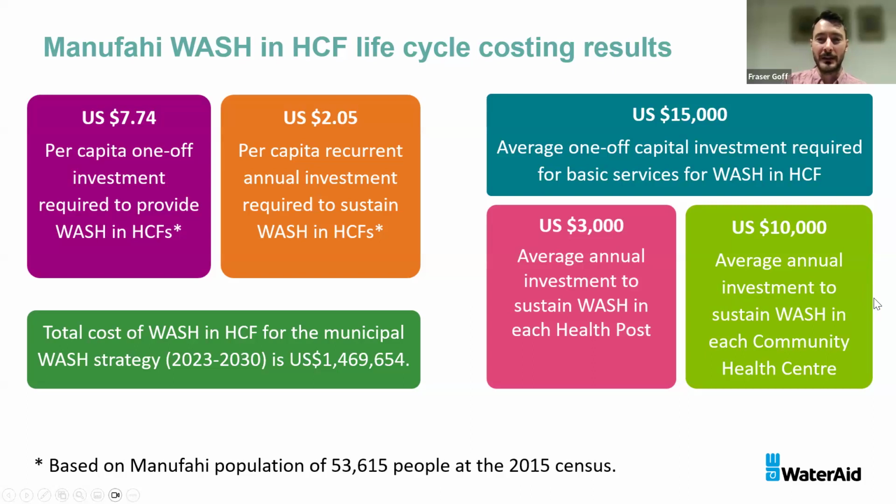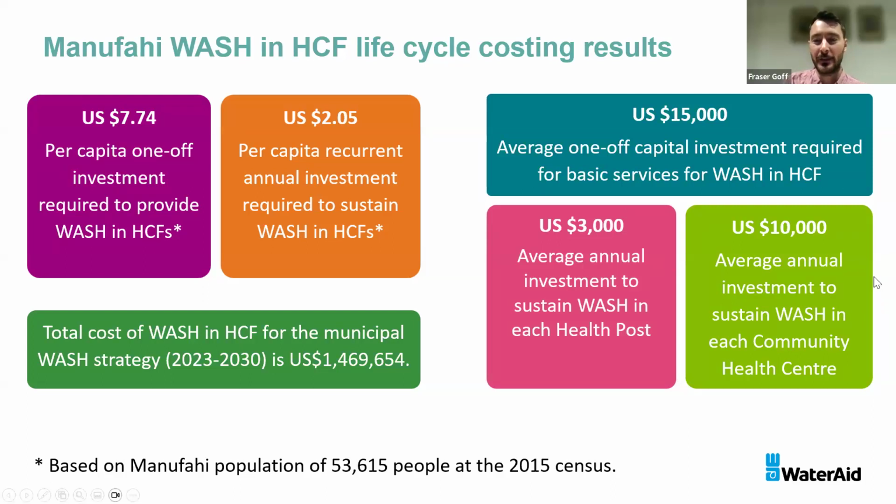We also disaggregated the costs. We calculated the costs for every healthcare facility, but we also ran average numbers for healthcare centres and health posts, identifying that each facility will need, on average, $15,000 for capital expenditure, but ongoing annual costs of $10,000 per community health centre and $3,000 per health post.